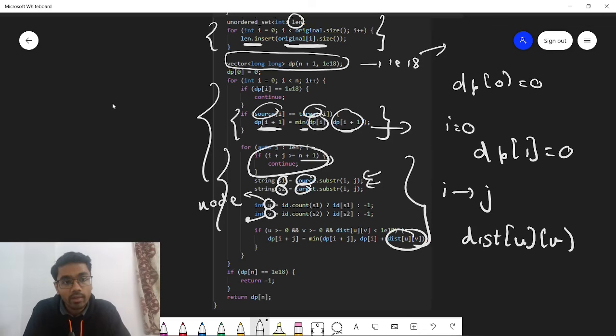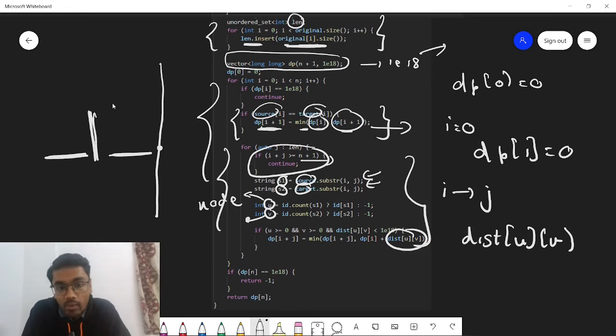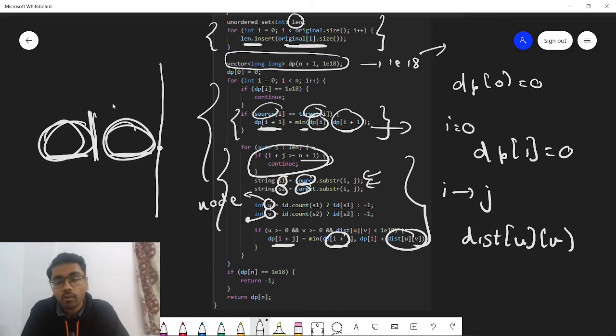We are currently at this particular position, and previously we had the minimum till here. So the previous minimum till here plus this Floyd Warshall part will give us the minimum till here. So dp of i plus j will be the minimum of either the existing minimum or the new minimum, that is dp of i plus the Floyd Warshall part. This is what we are storing in dp of i plus j.